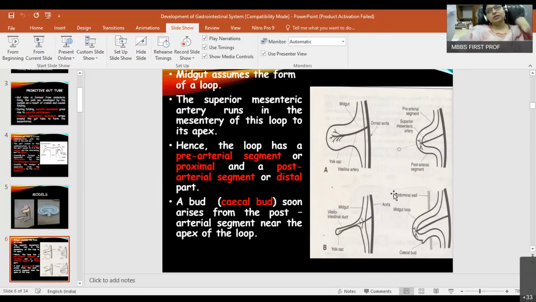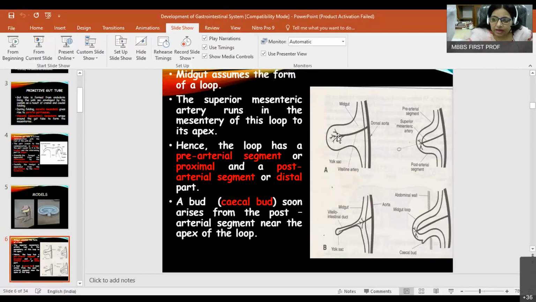Now, when this gut is developing, simultaneously the circulatory system is also developing, that is the cardiovascular system, and the dorsal aorta is in relation to this developing gut. It sends its branch to the gut.